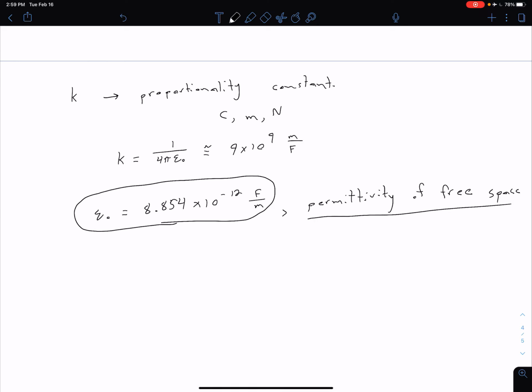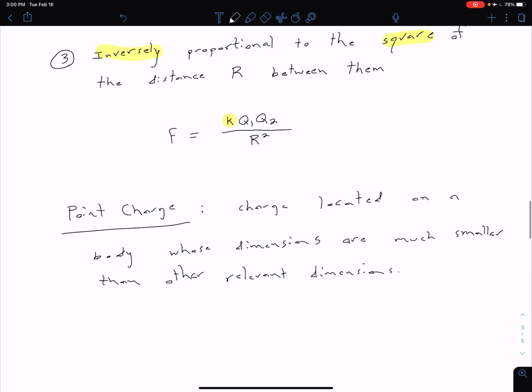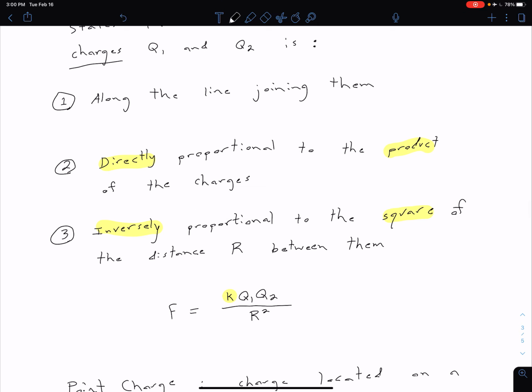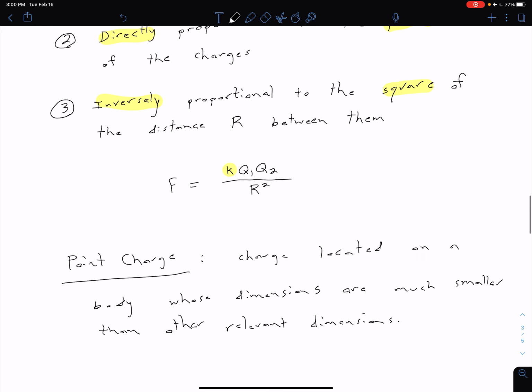I believe it's in the front cover of the textbook along with some other useful constants as well. So knowing that proportionality constant, we now have a full equation for the magnitude of our force, but now we want to come back to that first point about the force being along the line joining them. We want to add a direction to this force equation.